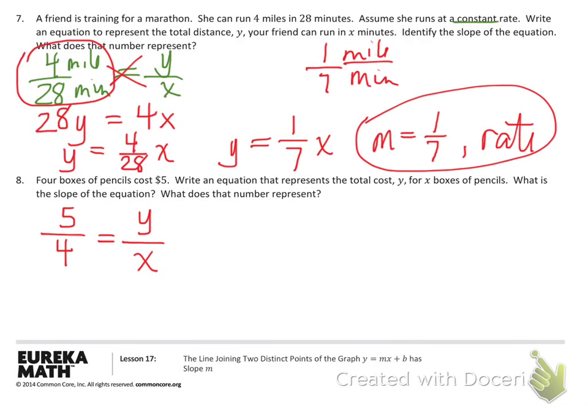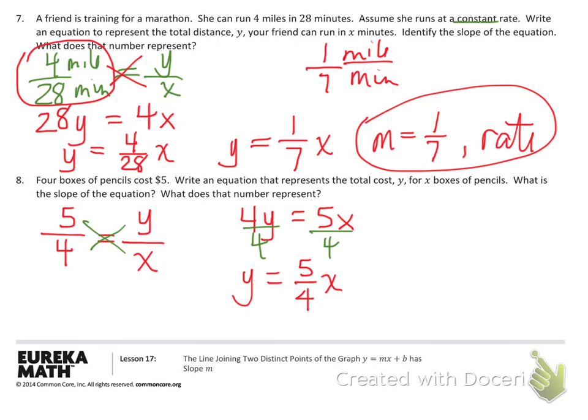Okay, so I've got this relationship here. So as I write my equation, 4 times y is equal to 5 times x, and then to solve for y, I divide by 4, and I'll get my equation, which is y is equal to 5/4 x.